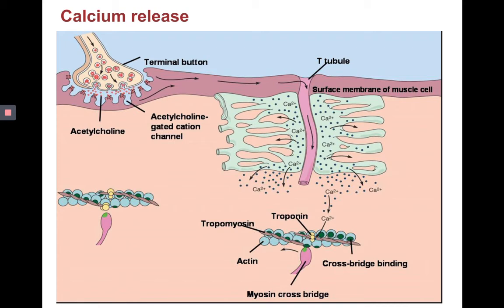So again, it's the sarcoplasmic reticulum holding on to calcium, and we need to open a voltage-gated channel to let it enter into the sarcoplasm. And that voltage arrives via the T-tubule, opens the voltage-gated calcium channel, and calcium is allowed to enter the sarcoplasm, and we see a rise in intracellular calcium levels.